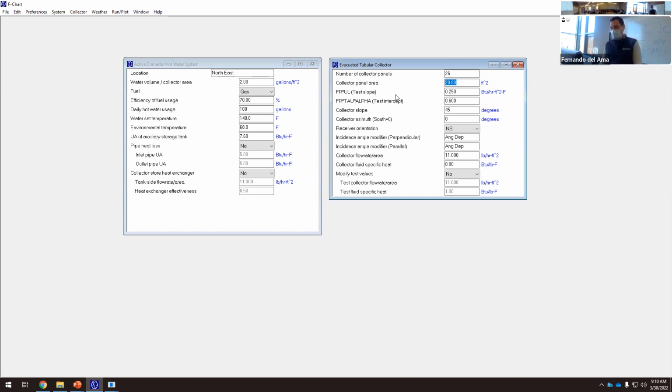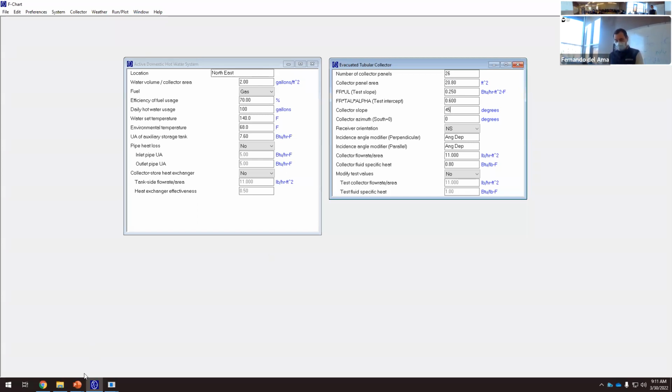All these elements depend on the efficiency of the collector. Again, we need to go over these specifications, and we will have all these parameters, FR UL, FR tau alpha. So that depends on the efficiency of the collector.